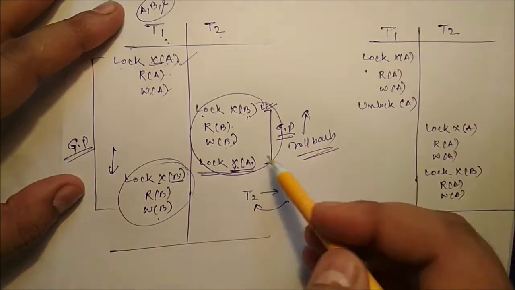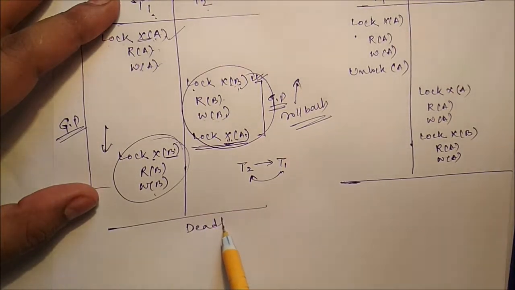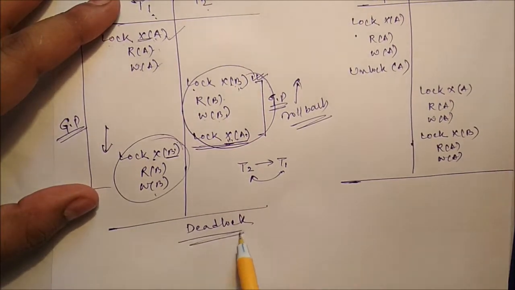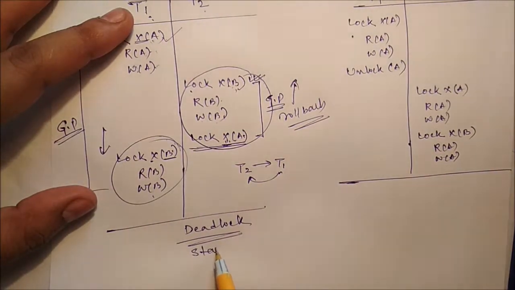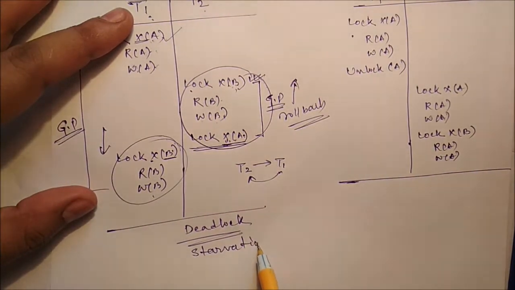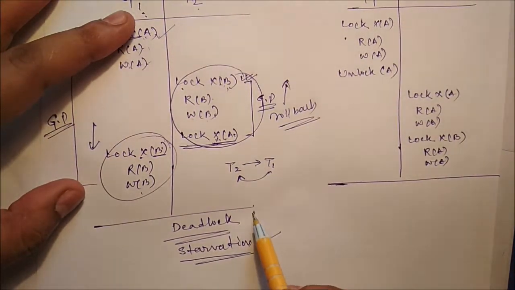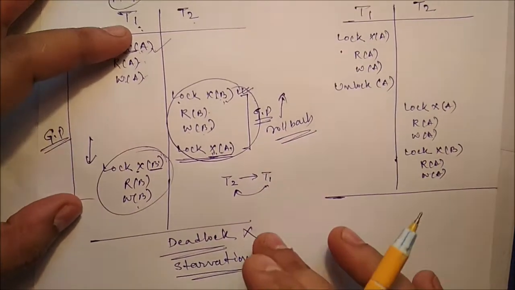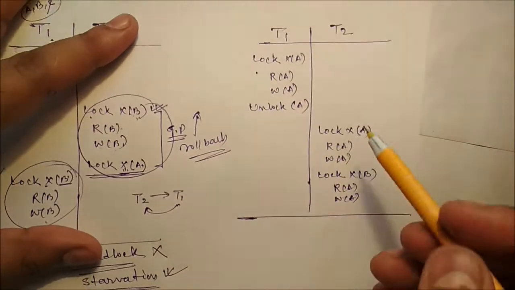So due to this rollback there is no deadlock. But with the rollback, the starvation problem is there. So the starvation problem is there, but the deadlock problem is not there in this particular situation where the rollback is there.